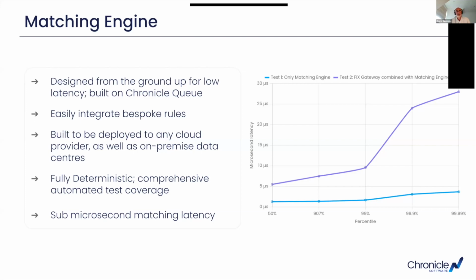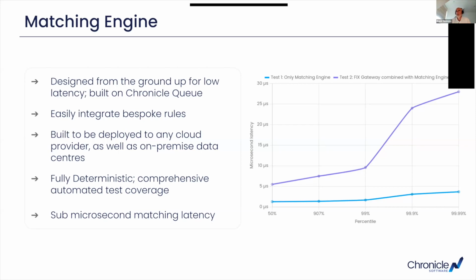And today, as things stand, with the Rust implementation and the Java implementation, we're both at sub-microsecond matching latencies. So the plot on the right-hand side, the blue plot, shows the core matching engine itself, which is what you would achieve with native interfaces.